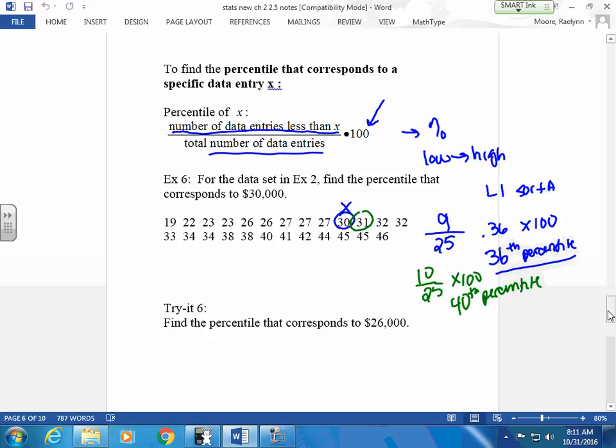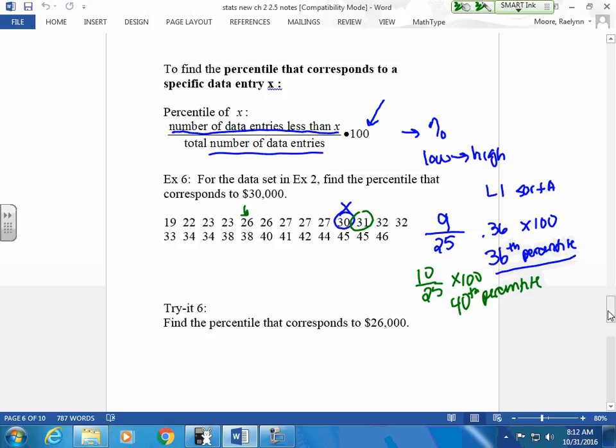At the 26. Now be careful of their 26. When they do the 26th percentile, there's two 26s. So when they do the 26th percentile, how many are less than the 26? 4. See how some of these repeat?